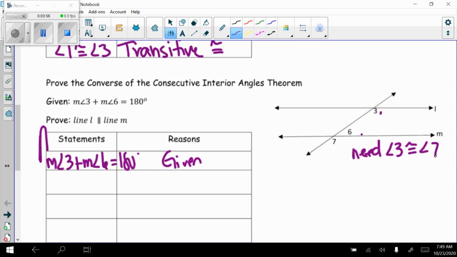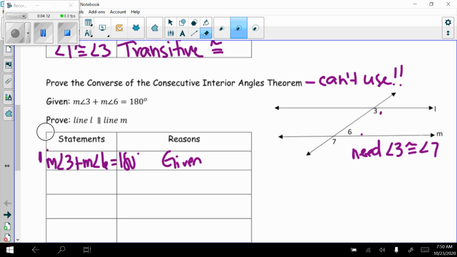Again, since I'm proving the converse of the consecutive interior angles theorem, I can't use that theorem. Let's get rid of that stray mark. I know that measure of angle 3 plus measure of angle 6 equals 180.